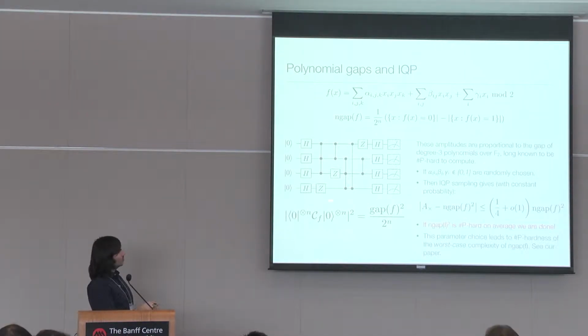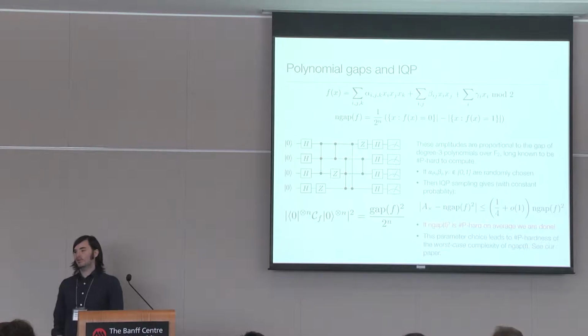Likewise, as I said before, these circuits sample from the outputs of Fourier transforms of these degree 3 polynomials. It's been known for a long time that when the input is 0 and the output is 0, the output probability is equal to the gap of a degree 3 polynomial over F2. This problem is basically the definition of a GapP-hard problem.